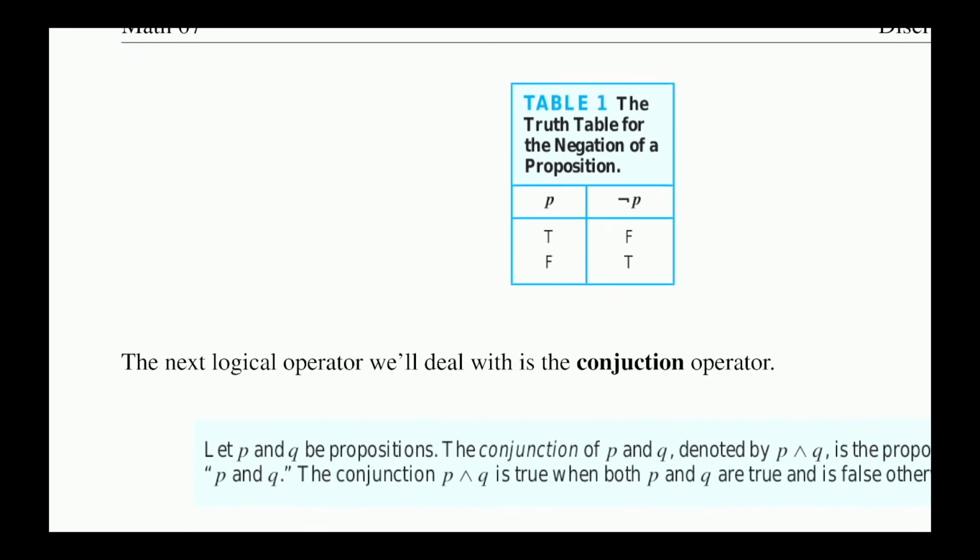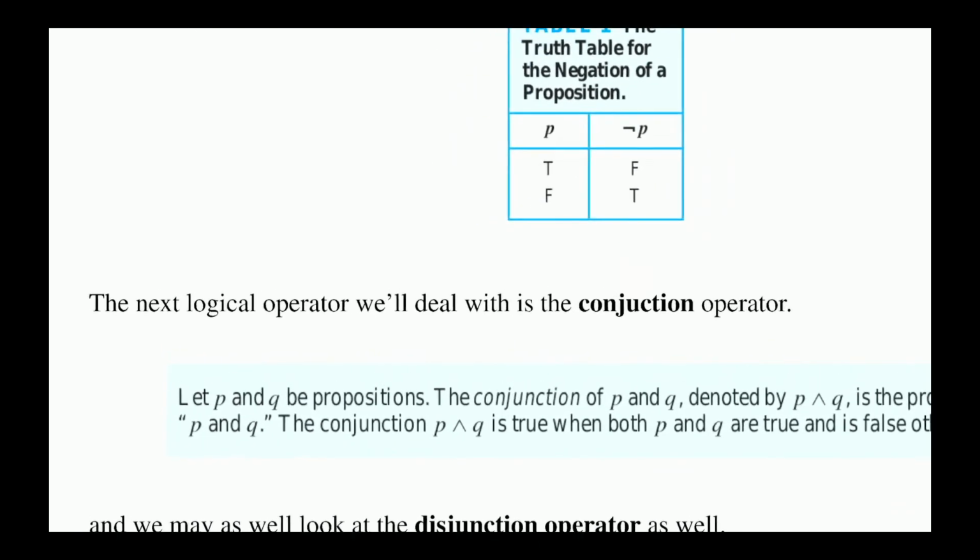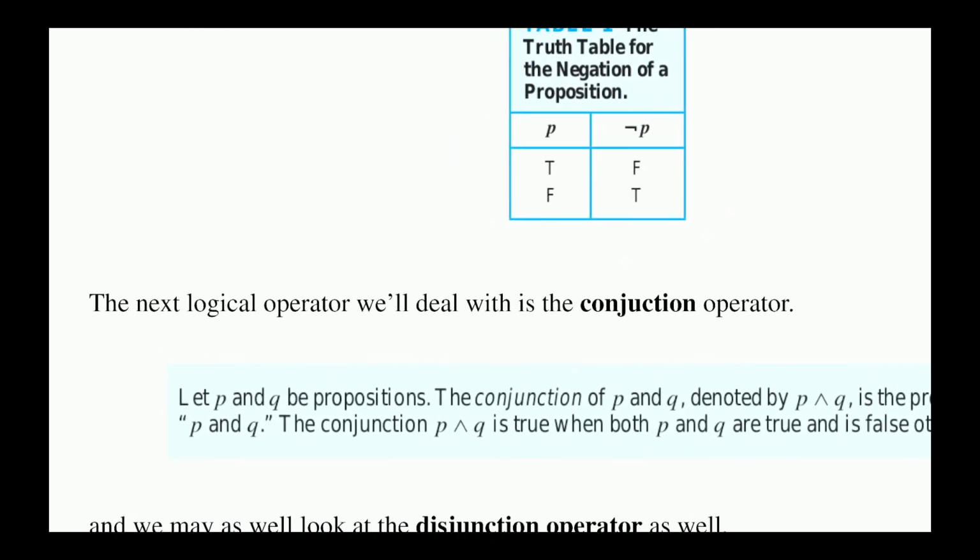So this is the first one we're going to see, and it's going to be conjunction. You do kind of need to remember the name conjunction, just because the book will use it sometimes. What conjunction means is just the and operator.